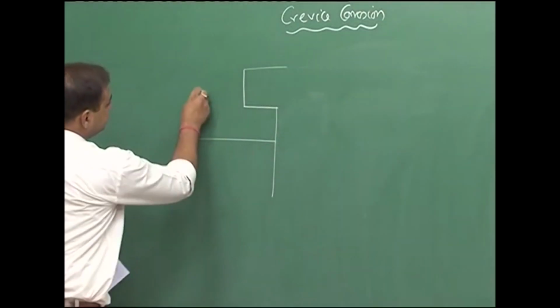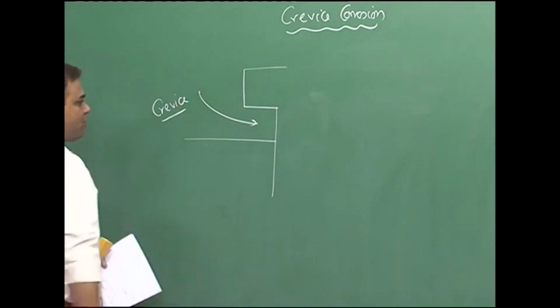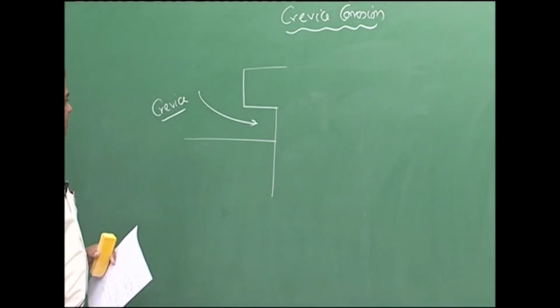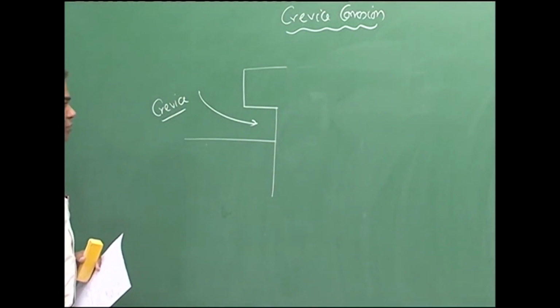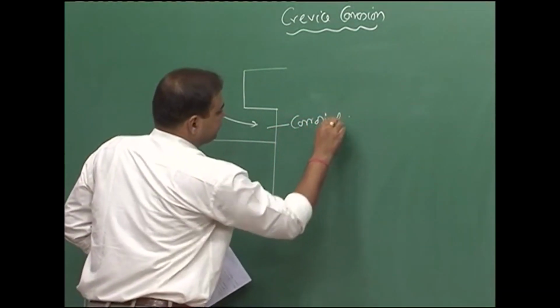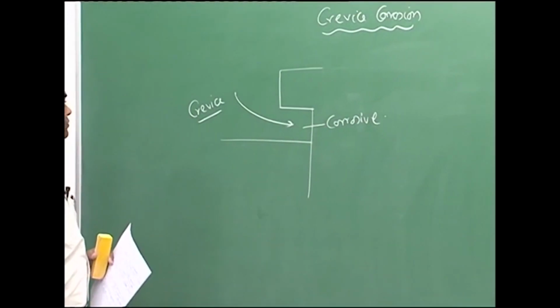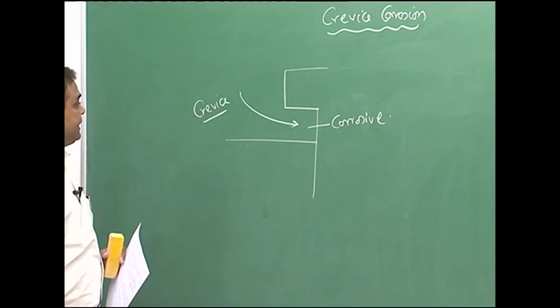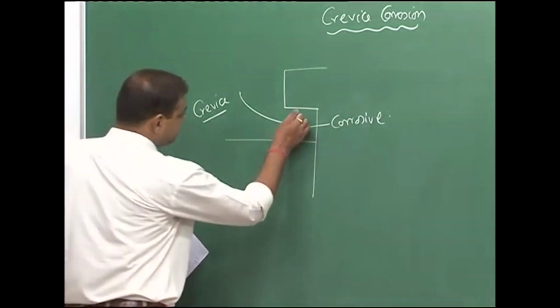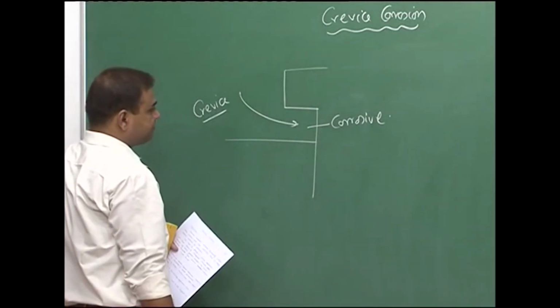So, this is the crevice, a small opening where we have a solution or corrosive, which is nothing but the electrolyte where corrosion is going on, and this section is a small opening which is nothing but the crevice.